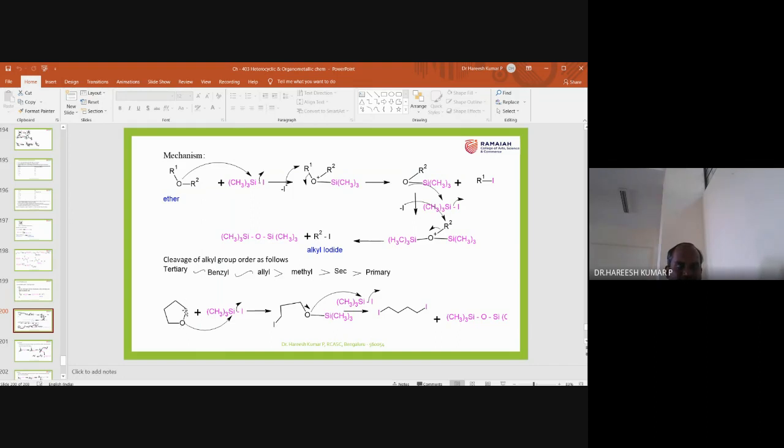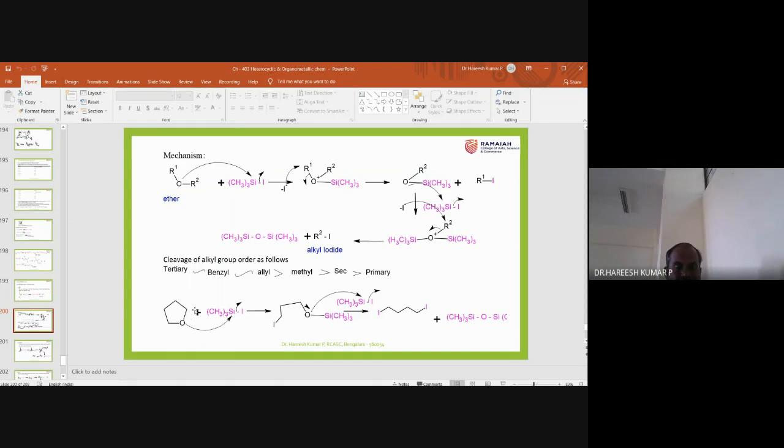It's an ether, a low boiling ether, because diethyl ether has a boiling point around 35 degrees. So that means ether evaporates at room temperature. Of course, tetrahydrofuran also evaporates at room temperature, but it is less compared to diethyl ether.